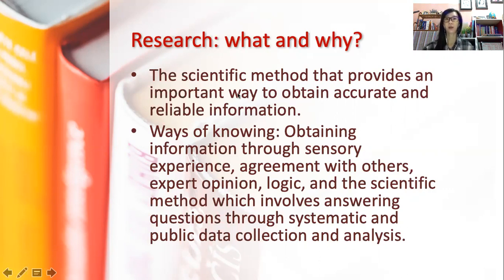So from these explanations, we can say that research is not only collecting random or common information, but obtaining accurate and reliable information through scientific procedures, including systematic and public data collection and analysis.